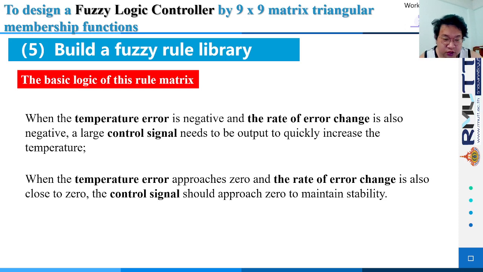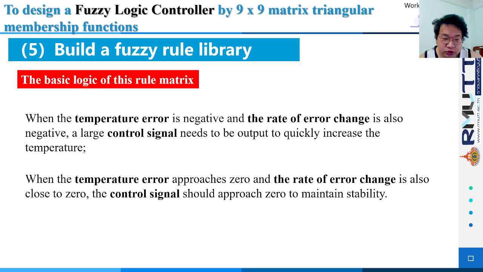The basic logic of this rule matrix is that when the temperature error is negative and the rate of error change is also negative, a large control signal needs to be output to quickly increase the temperature.